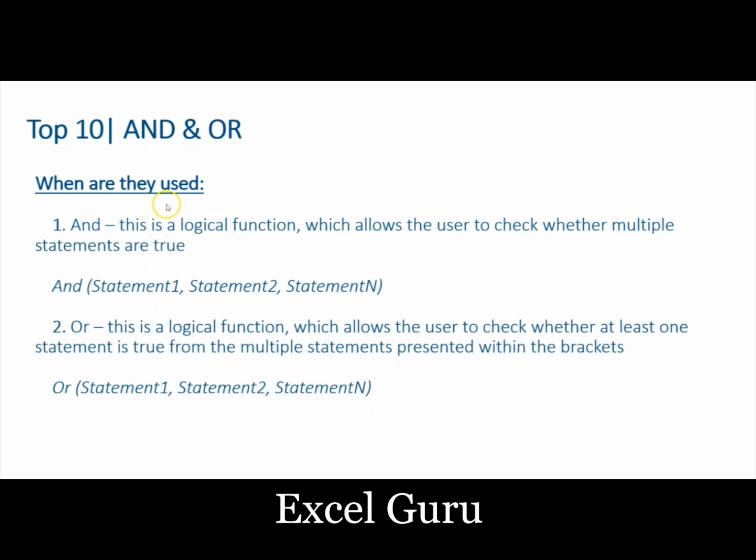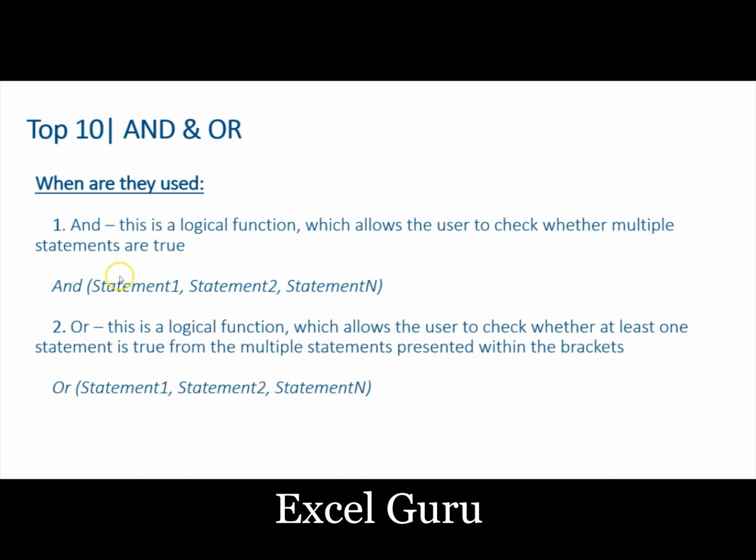Okay, now the next slide has AND and OR. These are two logical functions which are very often used, especially in combination with the IF statement formula that we discussed earlier in this course. AND is a logical function which allows you to check whether multiple statements are true.